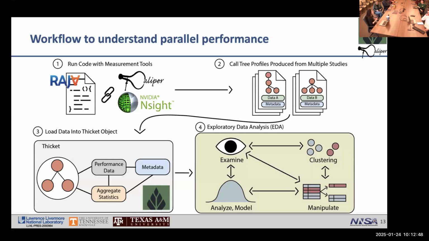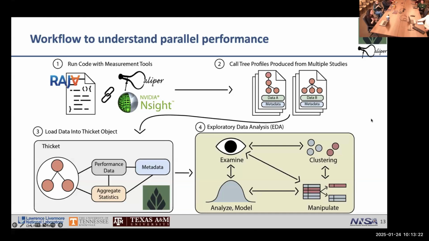We can also run them with NVIDIA Nsight Compute to get certain, especially GPU, metrics. So that's our step 1. We run the kernels linked to the performance measurement tools. Those generate call tree profiles, which is step 2. Those consist of the structure of the application, so which functions call other functions, as well as performance metrics for each function and metadata about that particular run.